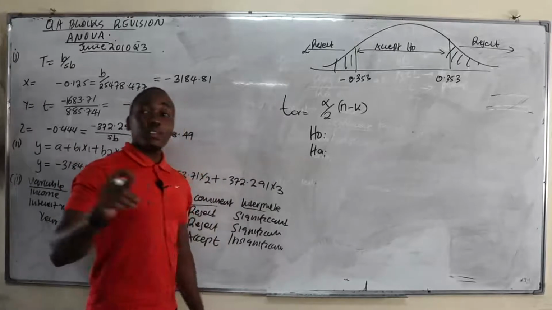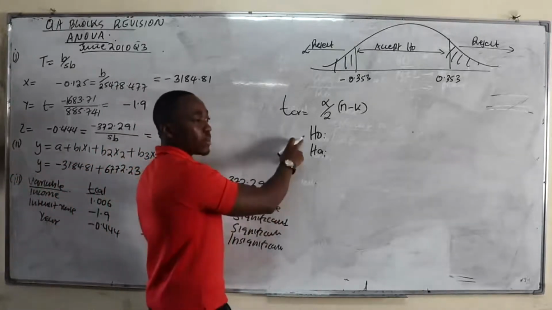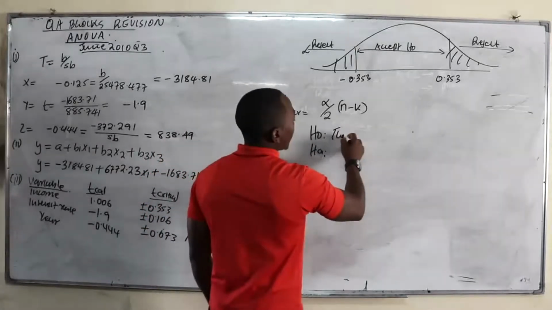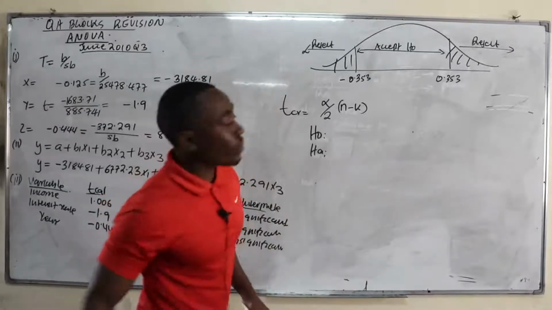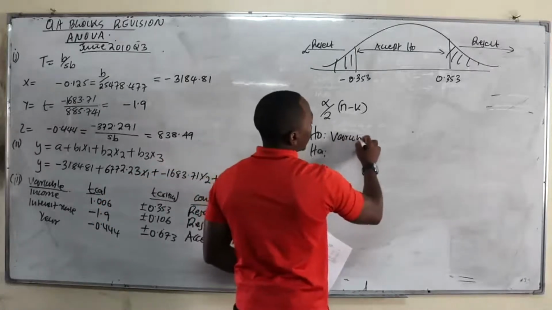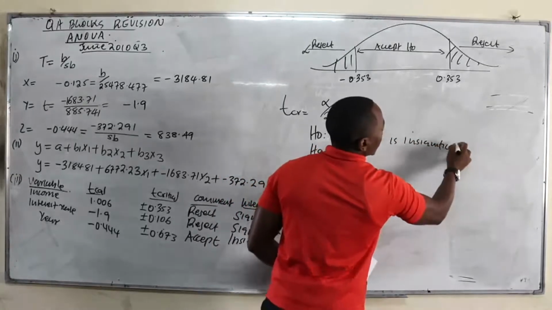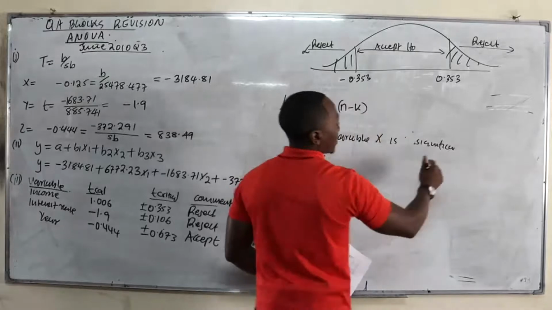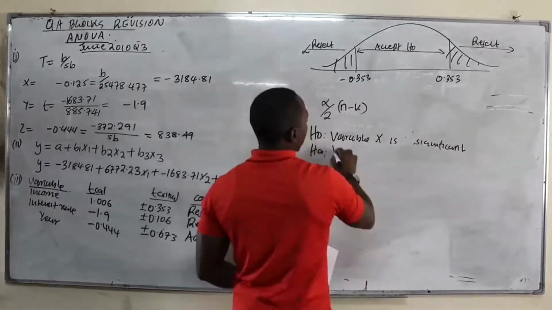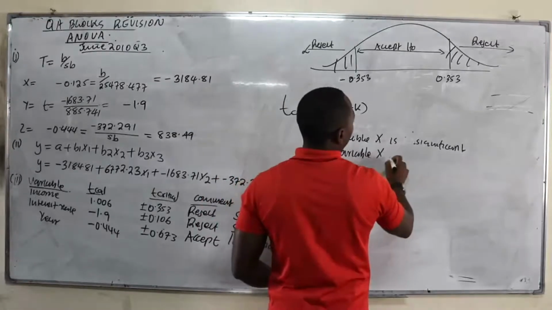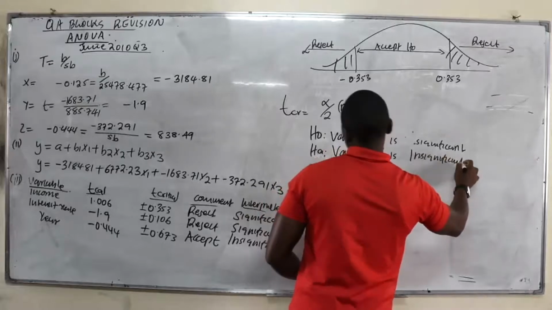When conducting hypothesis testing for T, the null hypothesis is that variable X is insignificant, and the alternate is that variable X is significant.